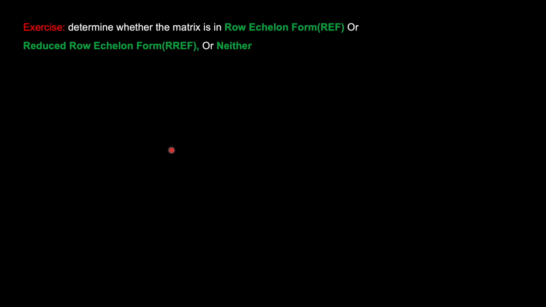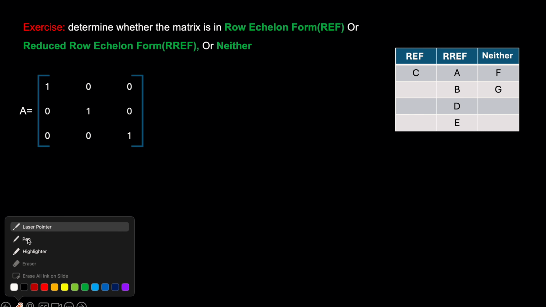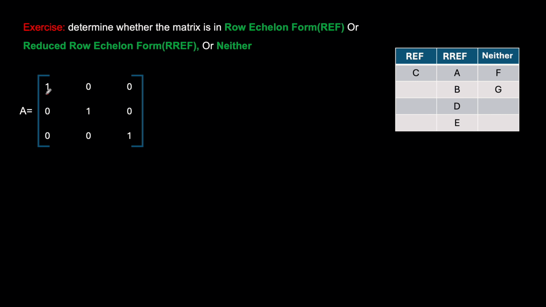Let's see this exercise. Determine whether the matrix is in row echelon form, reduced row echelon form, or neither. We see this matrix. Okay, we have 1. If we come down, we see that we have here also 1. This is not the first entry, it's 0, and we don't care about the 0. We care about any number which is nonzero, and the most important thing is that it has to be 1, the leading one.